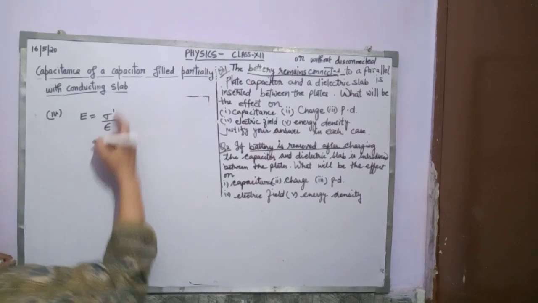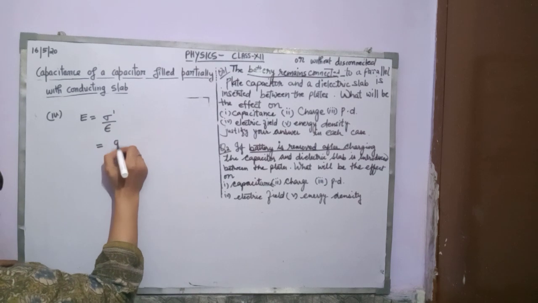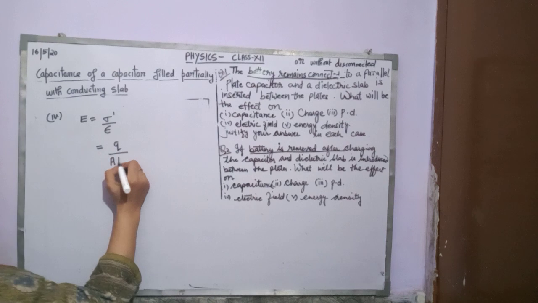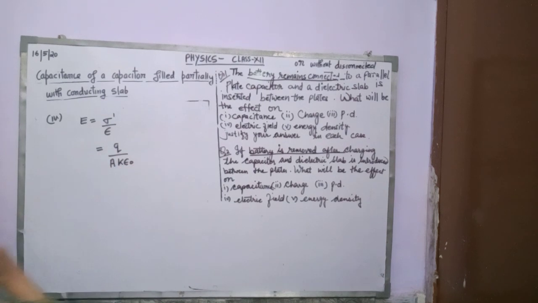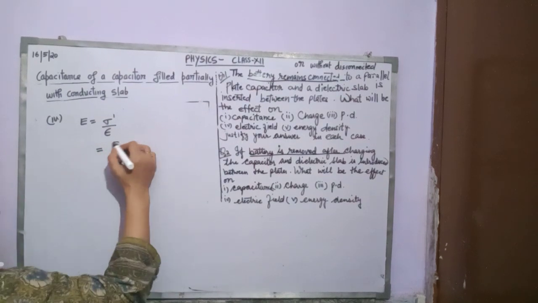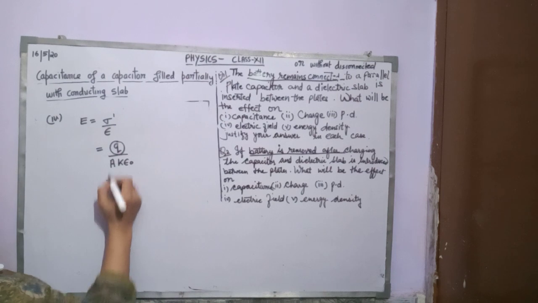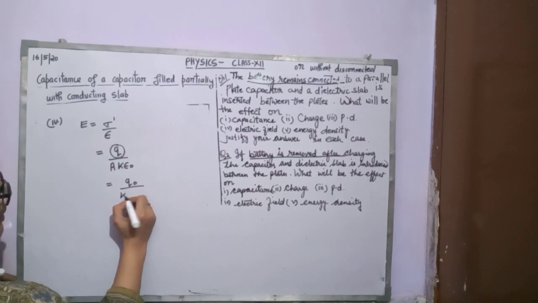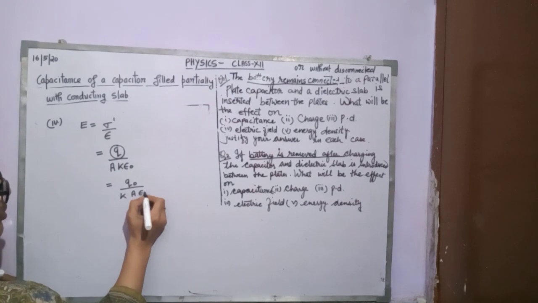And what is the sigma dash? That is equal to charge divided by area. And what is epsilon? You know K epsilon naught. But what is the relation between Q and Q naught? That is equal to Q naught divided by K A epsilon naught.